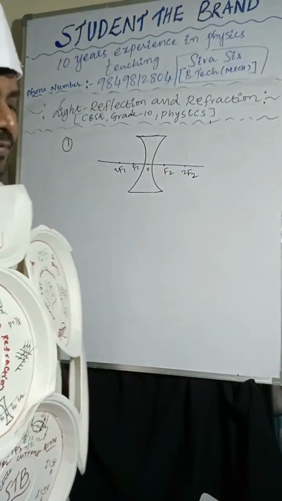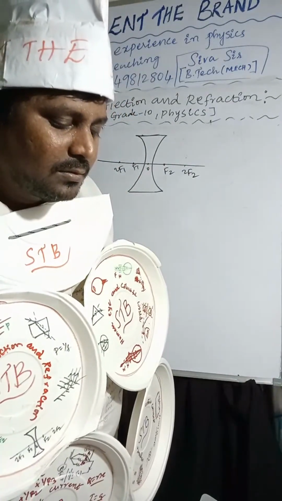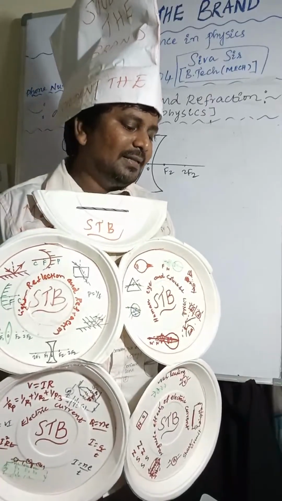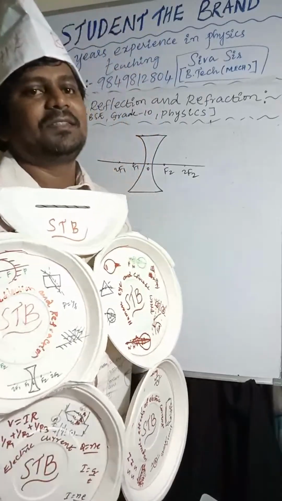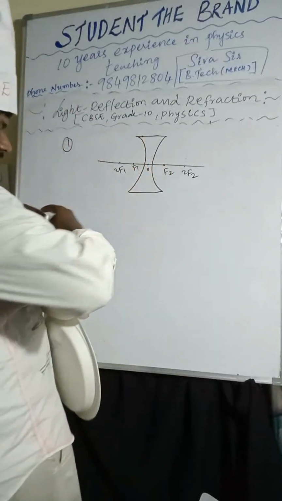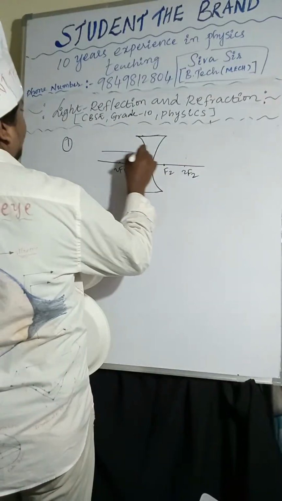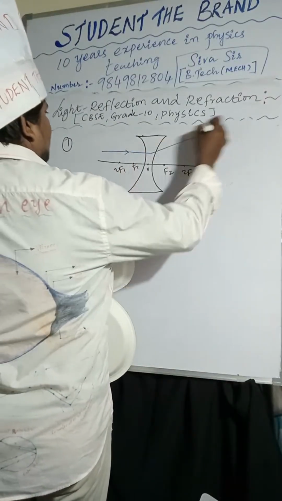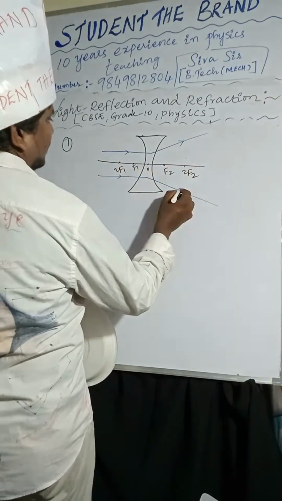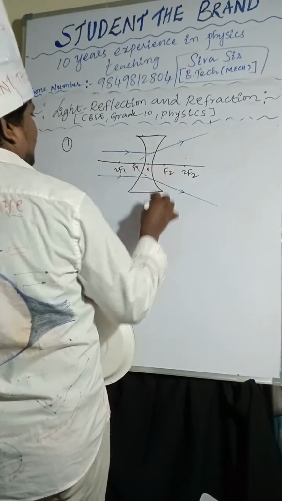We are discussing a concave lens. One light ray I am taking here, passing like this. After refraction it passes like this. One more light ray I am taking like this. If you extend these light rays, the image will form here.